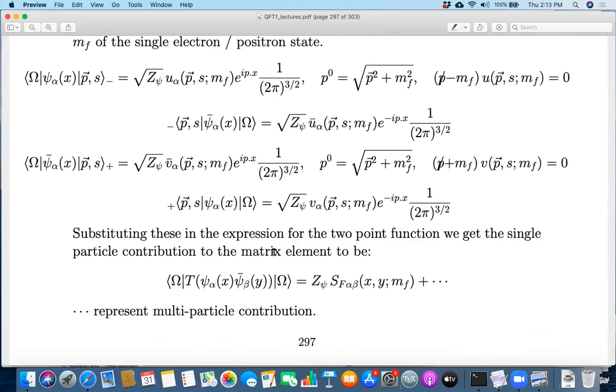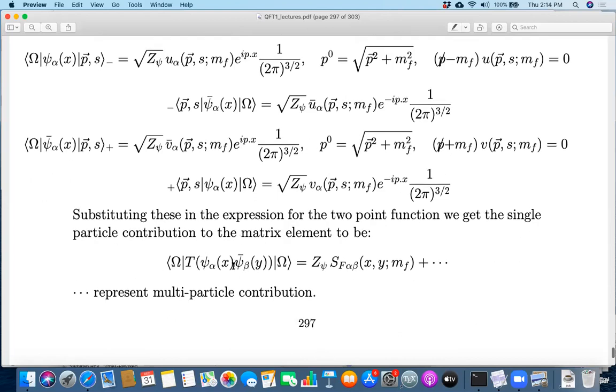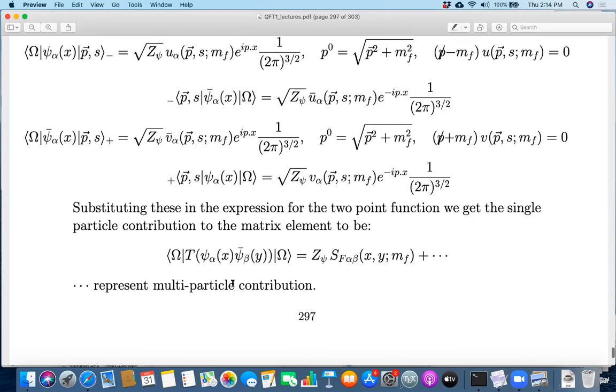So the single particle contribution to this 2-point function will be z psi times the free fermion propagator, except that the mass that enters here is the physical mass of the fermion and not the mass parameter that you started with, because this u alpha is the u alpha that corresponds to the physical fermion mass. It satisfies an equation of this kind. So the single particle contribution is given by this, and then of course there are multi-particle contributions which are denoted by these dots. Is this clear? Are there questions?